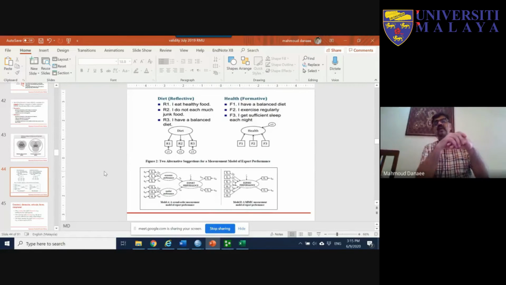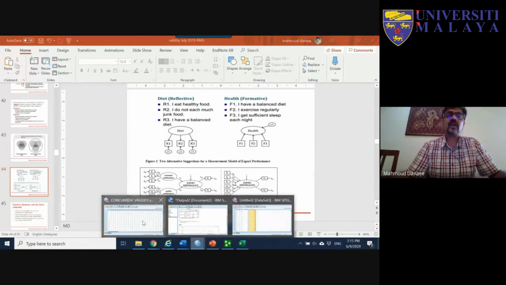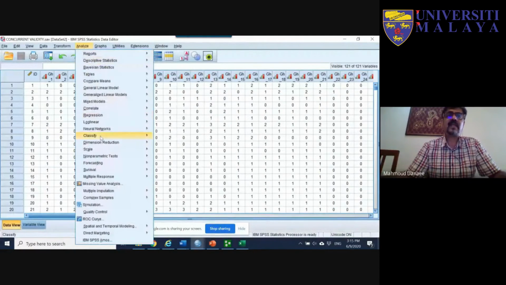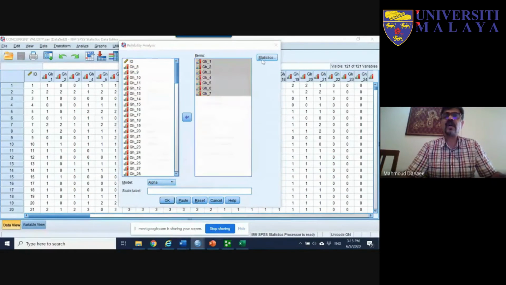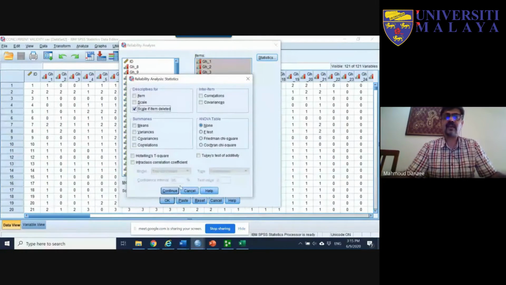Same for reliability. Let me discuss reliability here, because now your mind is fresh regarding this concept. For example, if you have a reflective construct, since the items are correlated, you do the reliability using Cronbach's alpha. For example, these are 7 items, and you use Cronbach's alpha and then scale if item deleted.